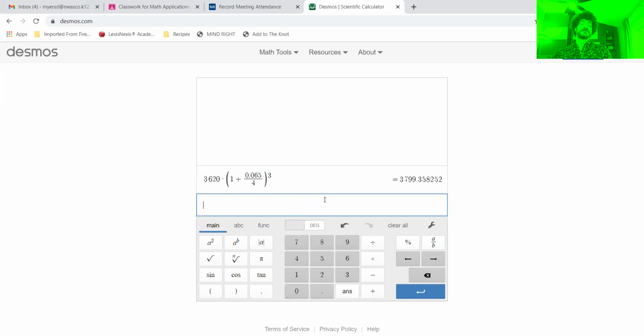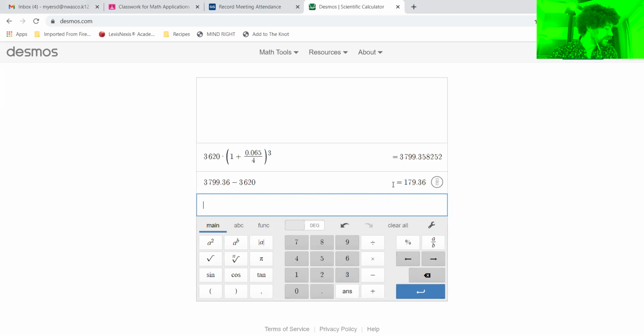So if we want to know how much interest was earned, we just take our new amount, $3,799.36, and we subtract the principal value of $3,620. So interest earned is $179.36. So if something asks you to calculate the amount and find the interest, that's how you'd find the interest.